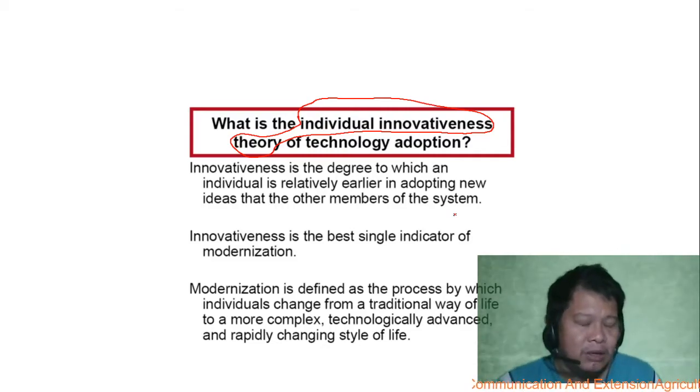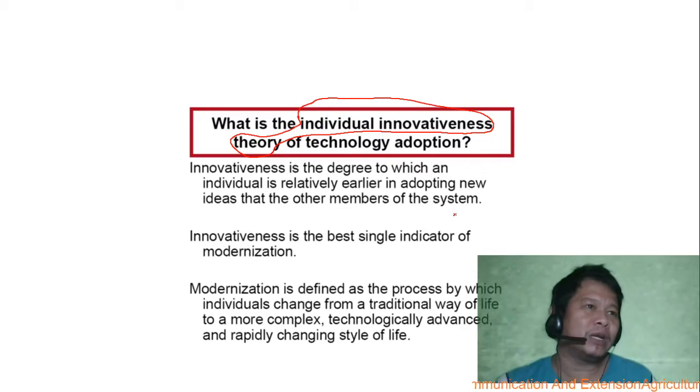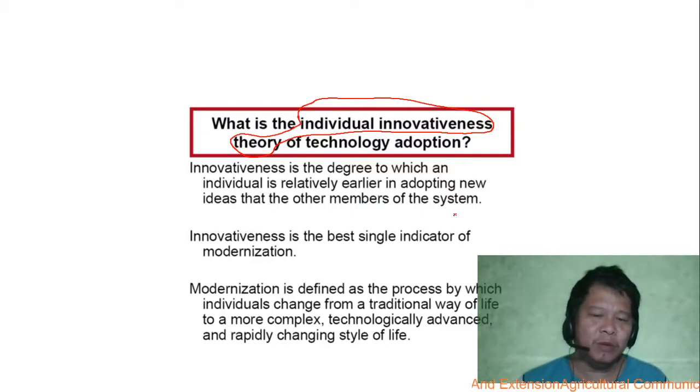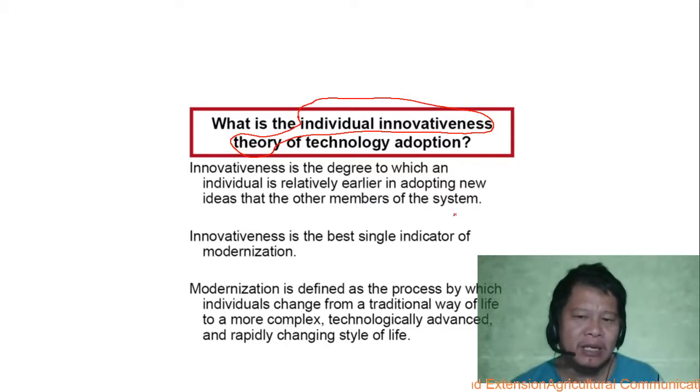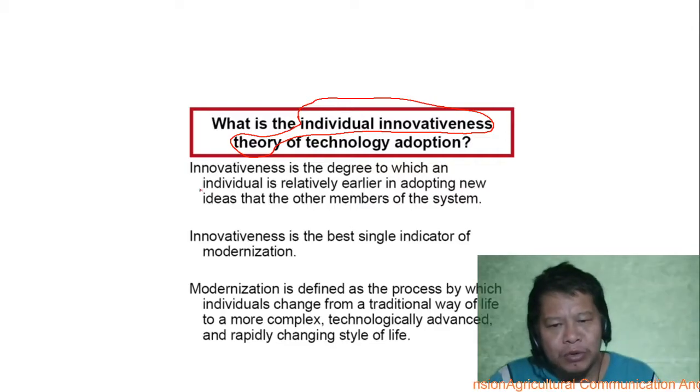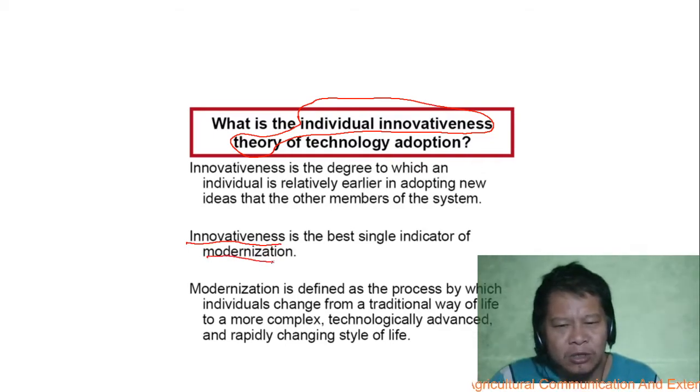Katong mga curious kay mga tao, murag naa sila yung mga tawag na inclination towards science, kanang mga eager kaayo mag-develop of technology, sila gid ang una nga mag-adapt sa technology, no? Okay. So innovativeness is the best single indicator of modernization. So daghan tag na-innovate, daghan tag technology nga innovate. So this is an indicator of modernization, no?